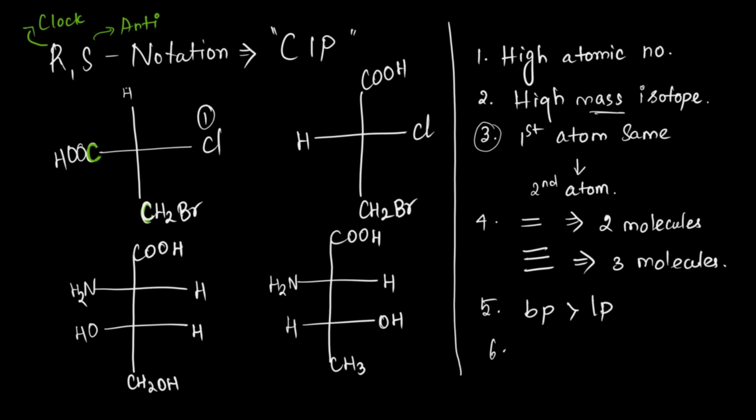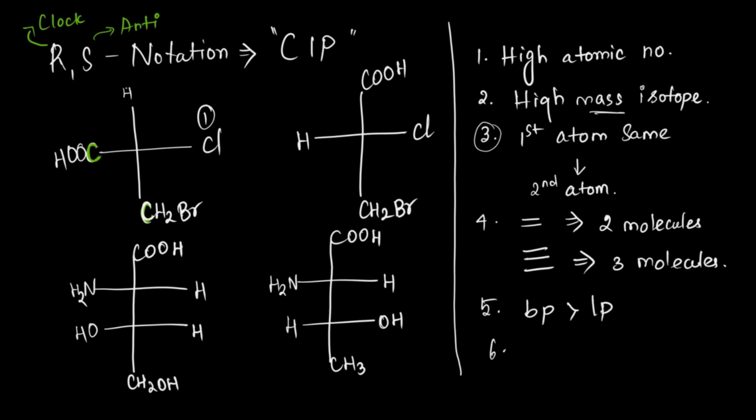Don't misunderstand, don't make this blunder. That is Br, because you can see carbon is attached with Br, so you can take Br as the second atom attached over here.